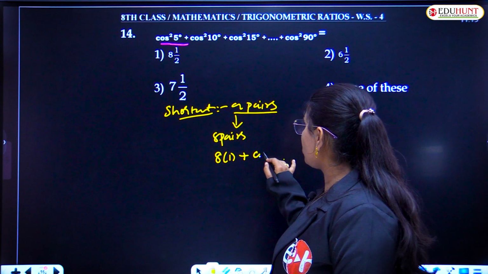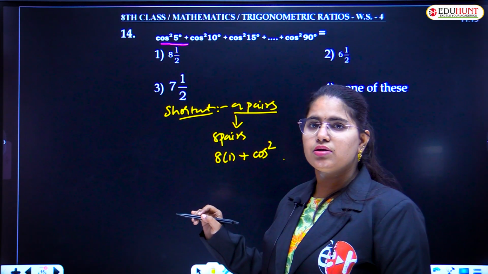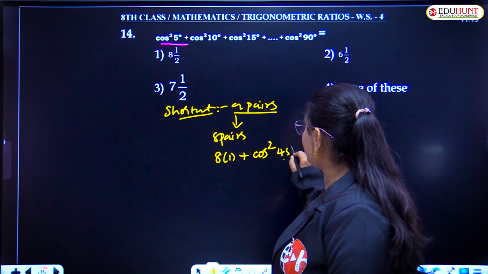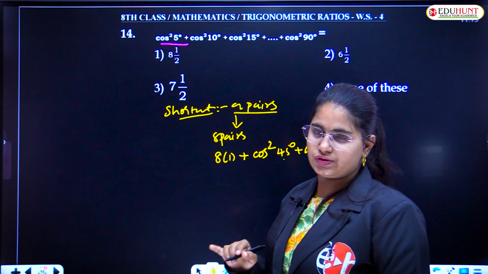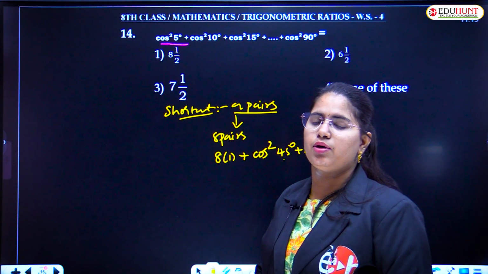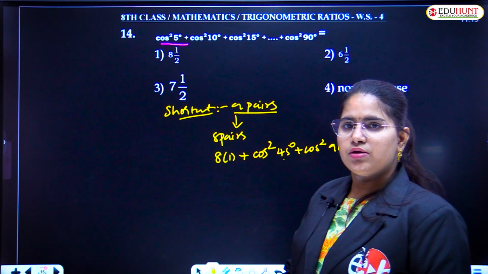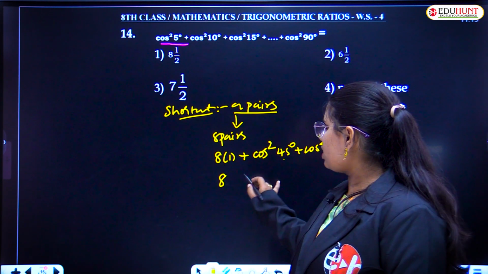First one is cos, as the trigonometric ratio, now it is cos. So it will be cos square 45 degree and cos square 90 degree. I hope I am clear with this question. It's a bit similar problem to the previous one. So 8 into 1 is 8 over here, and cos square 45.